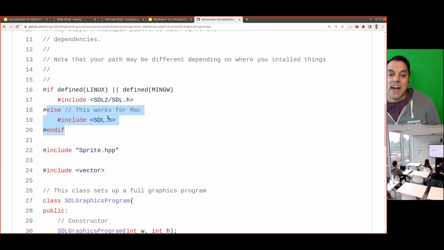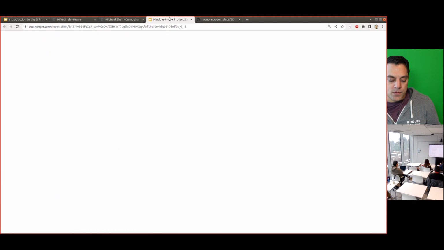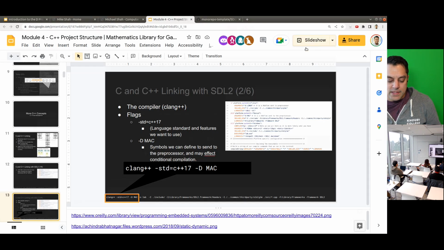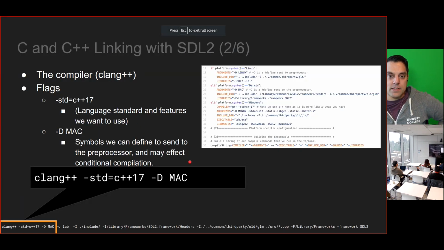But that's a common way of handling what is called conditional compilation. So based off the arguments that we pass into our compiler, we use this code to compile, or otherwise we use this code. Okay, does that make sense to folks? Questions about that? All right, awesome. I just want to reduce the magic in case folks were wondering about that. But that's the idea of why that flag exists and why you might see it in other software projects.